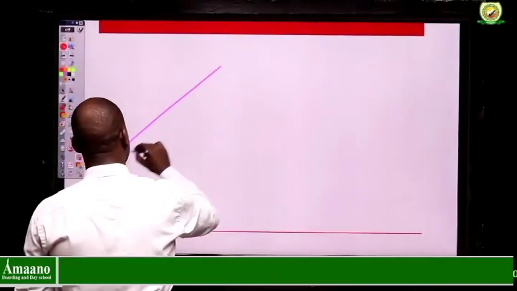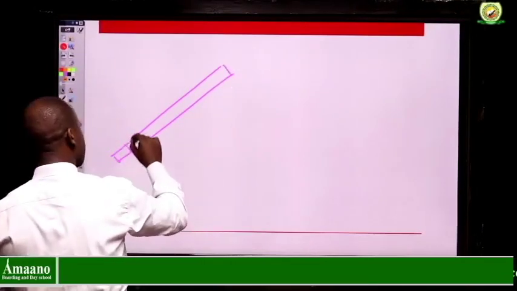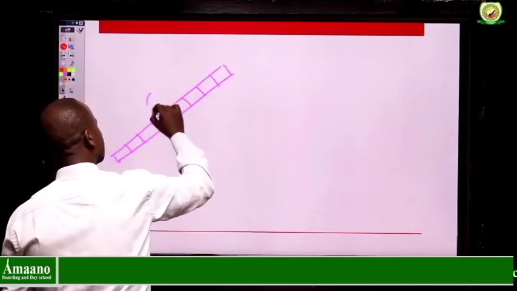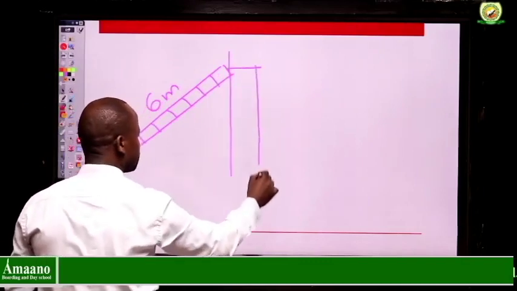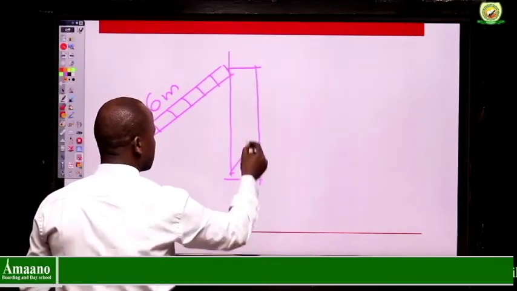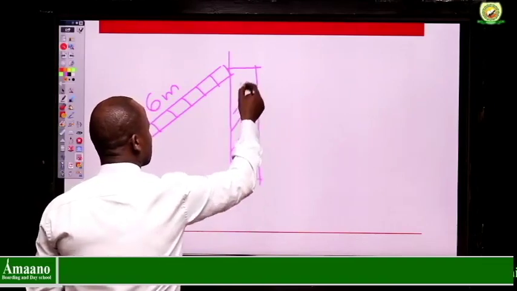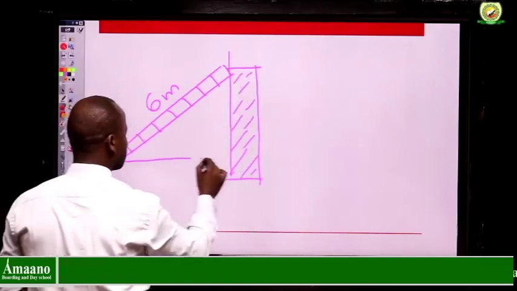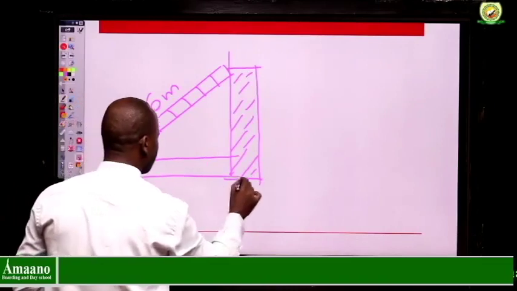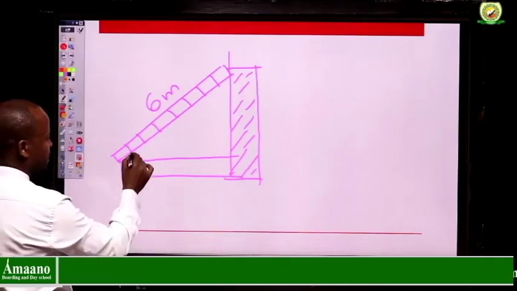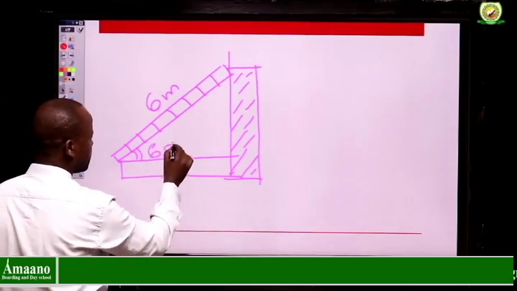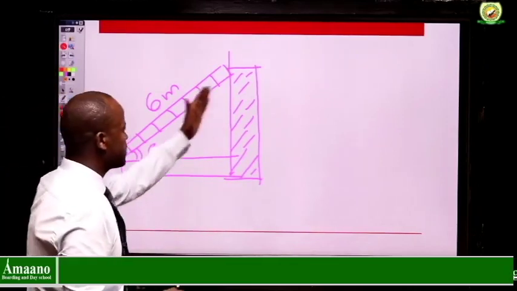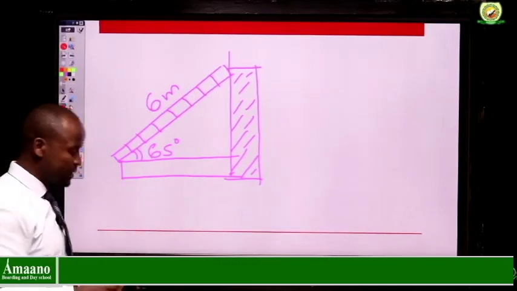Given there, we have a ladder which is 6 meters, and the wall is here. As you can see from the problem, the angle formed by the ladder and the ground is 65 degrees. So this gives us a right-angled triangle.